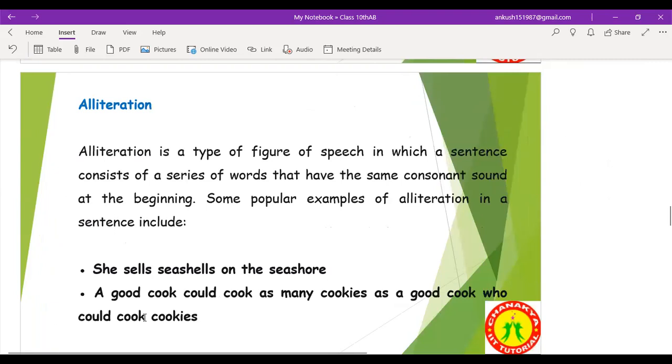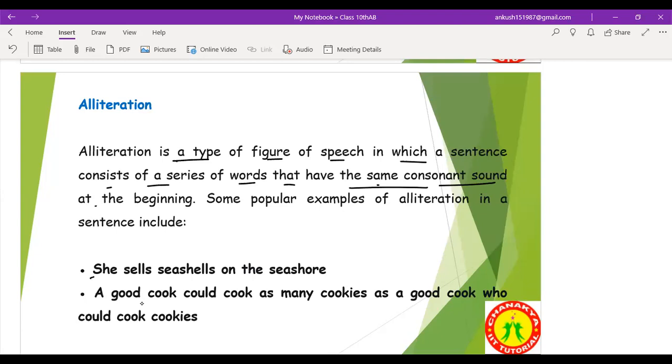Alliteration. Alliteration is something where the sound of a consonant is repeated. Alliteration is a type of figure of speech in which a sentence consists of a series of words that have the same consonant sound at the beginning.